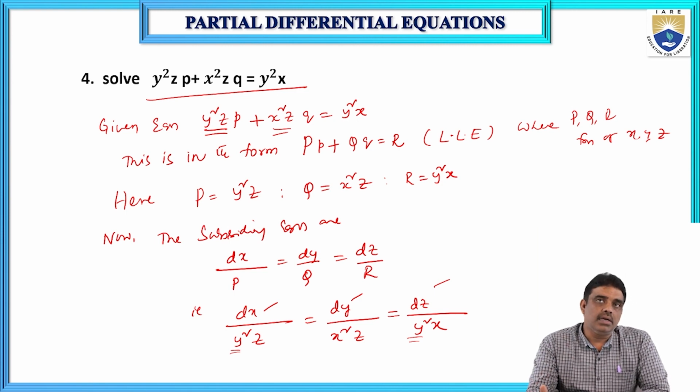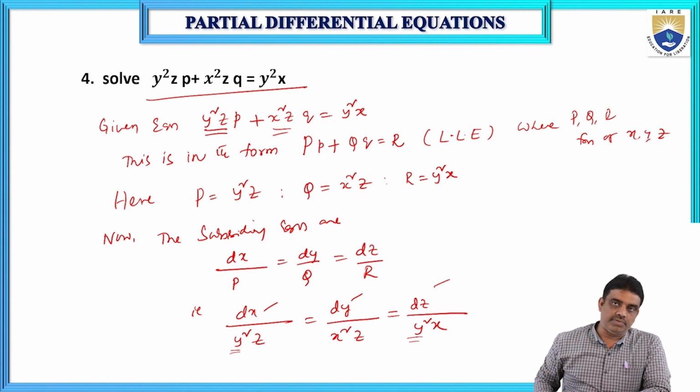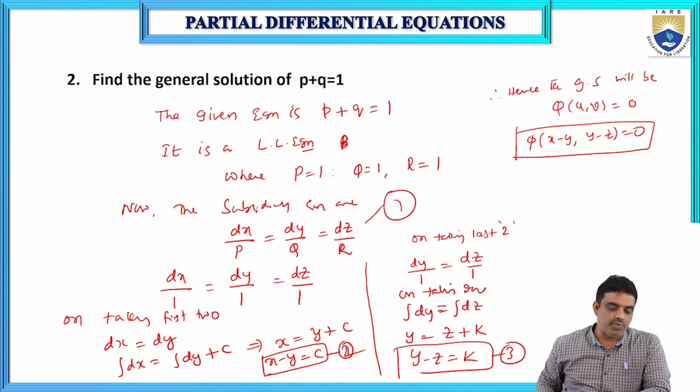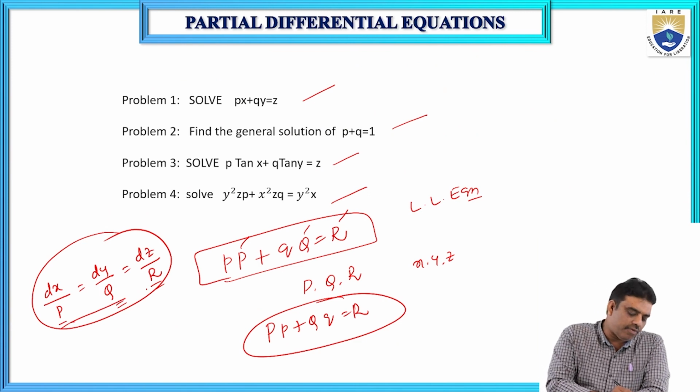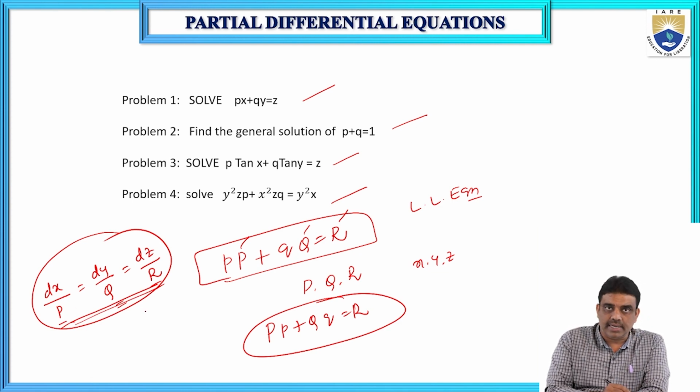You can take the solutions of dx by P is equal to dy by Q is equal to dz by R by taking the method of grouping or the method of Lagrange's multipliers. You can take any one.